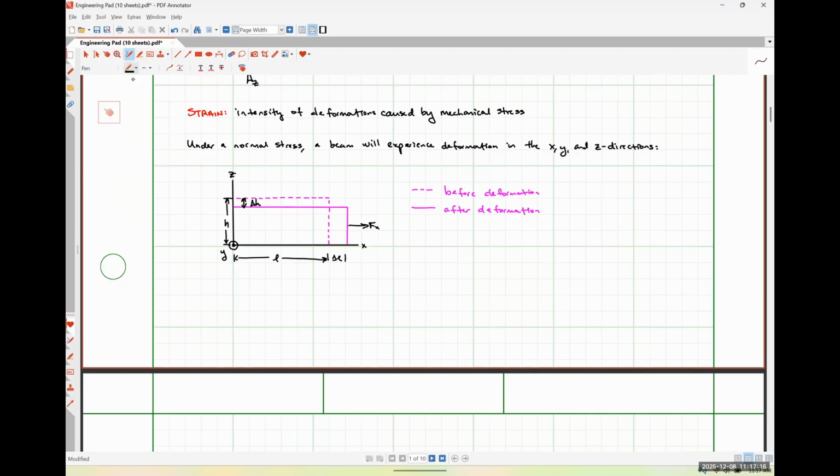We're going to define a longitudinal strain as the relative change in length due to an applied stress.